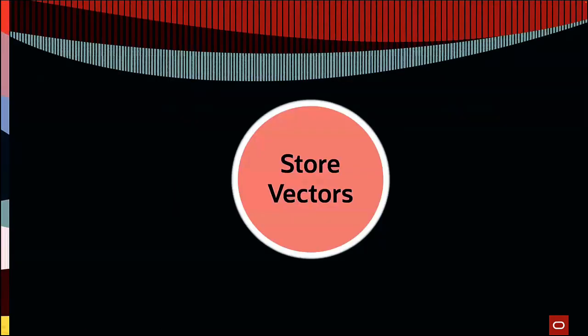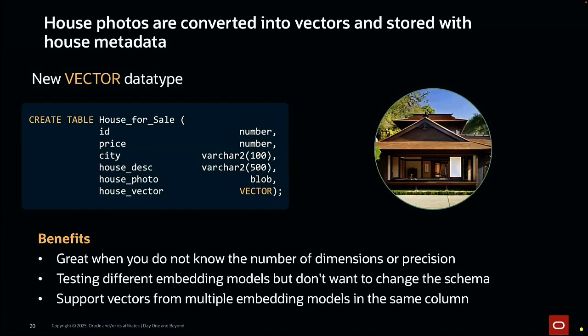So let's move on to storing vectors, and this will come back. I'll revisit this whole concept of determining which embedding model is the best and where there are things that may make sense. Now, in this example, I have an image of a house, which is arbitrary whether or not I want to store that within my table, but I'm creating a table called house for sale, where I have the ID for the house row that I have.